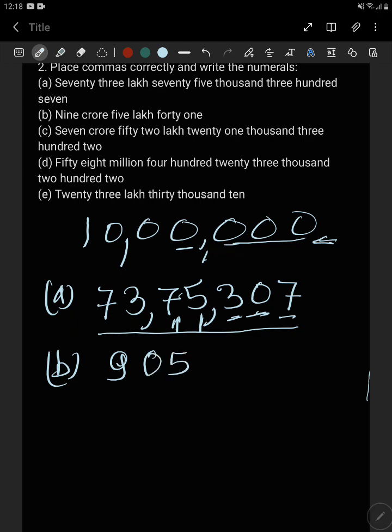After lakh it comes as 1000. It is 9 crore 5 lakh 41, so in place of 1000 it has not given anything to us, so we'll write 0 in place of that.